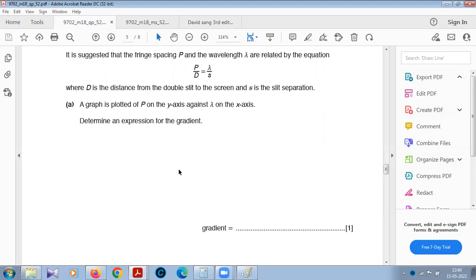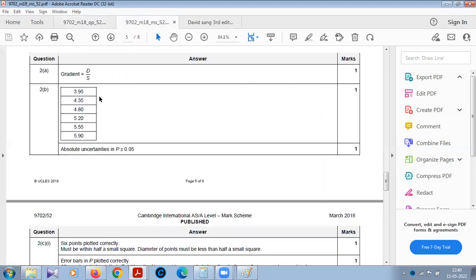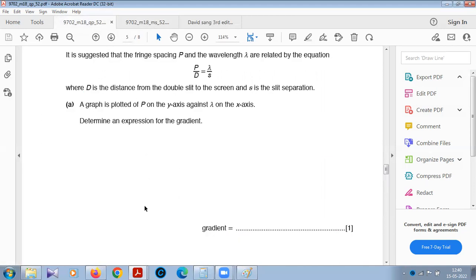The gradient will be D by S. So you write down D by S, and that will give you the gradient. For that you have 1 mark.